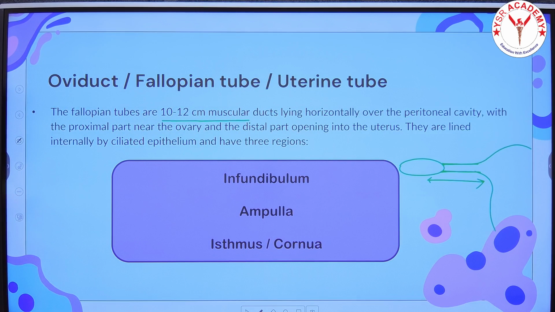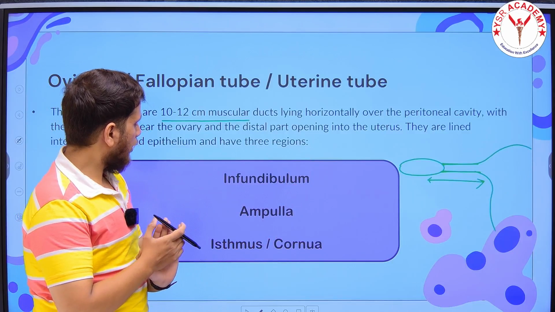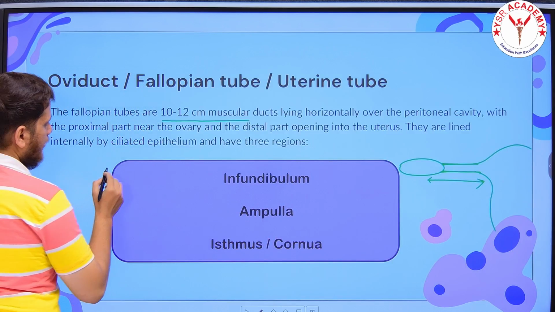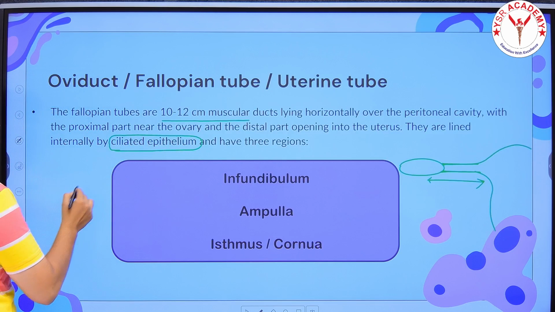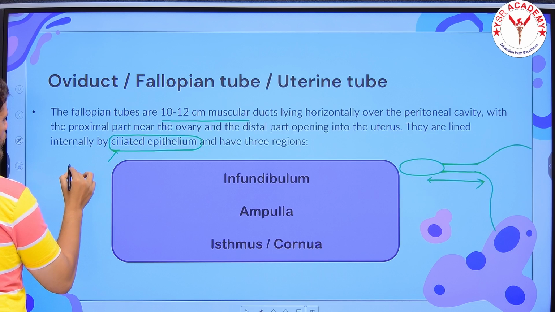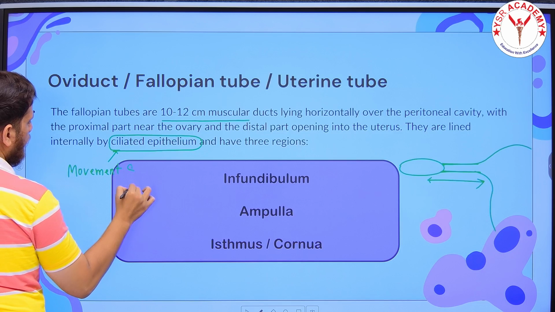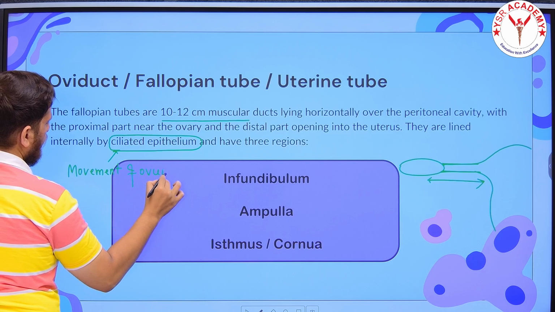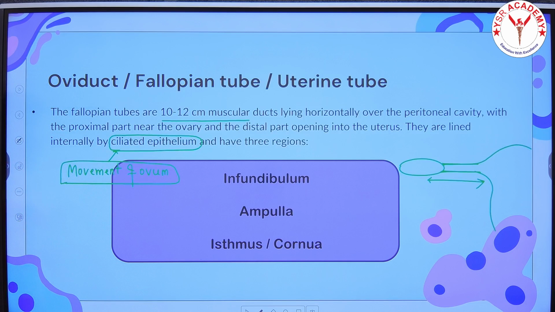The proximal part is towards the ovary, and the distal part is towards the uterus. They are lined internally by ciliated epithelium. The ciliated epithelium is going to help in the movement of the ovum, during the process of ovulation. So something really to note.